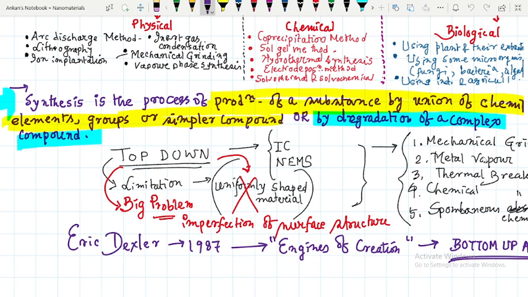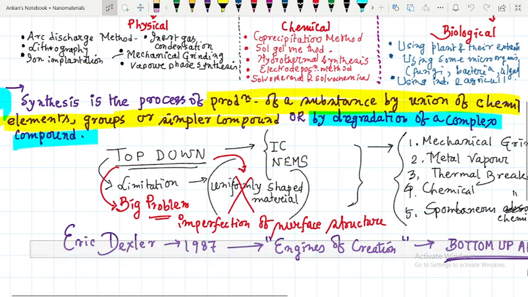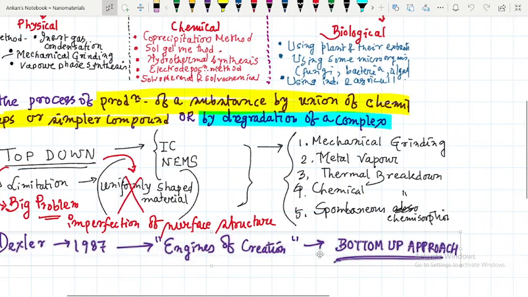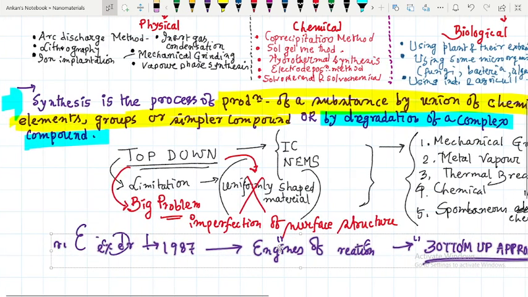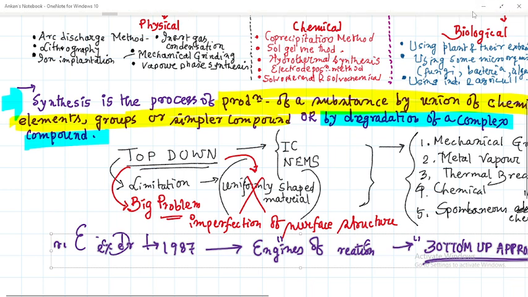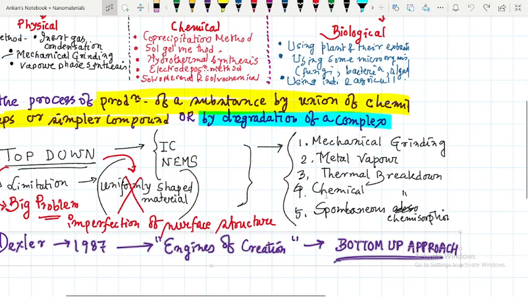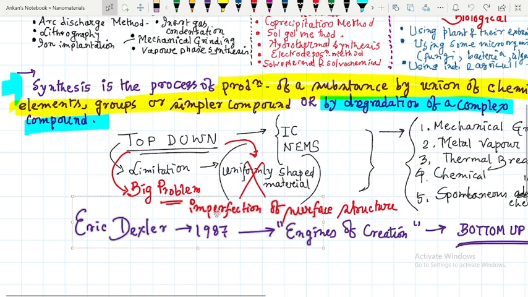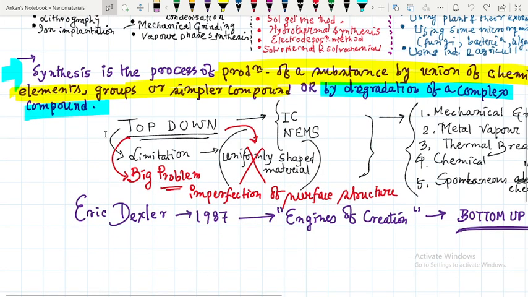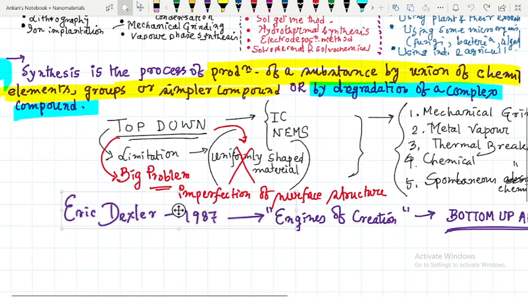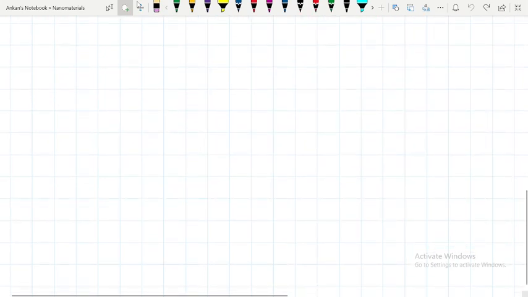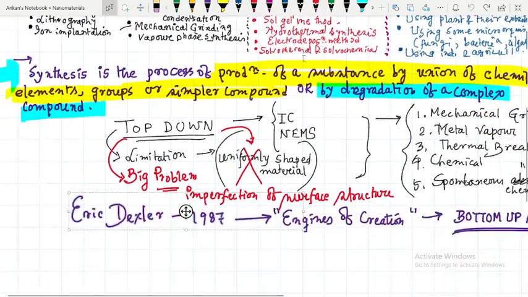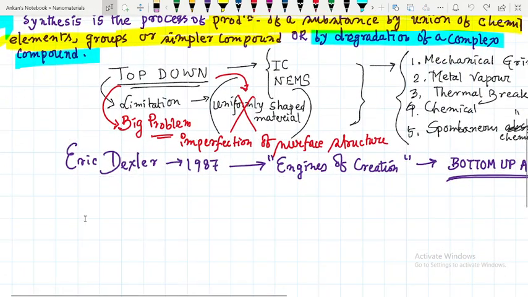Scientists are also eager to find techniques where the auto accumulation of the materials takes place, which is known as self assembly.